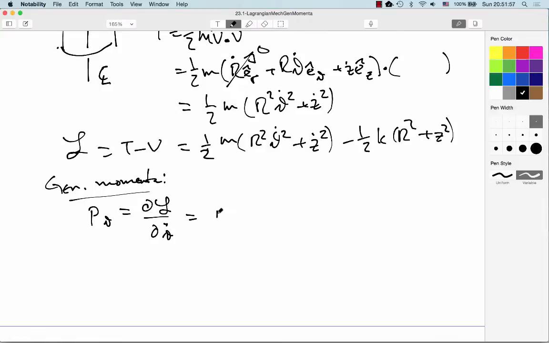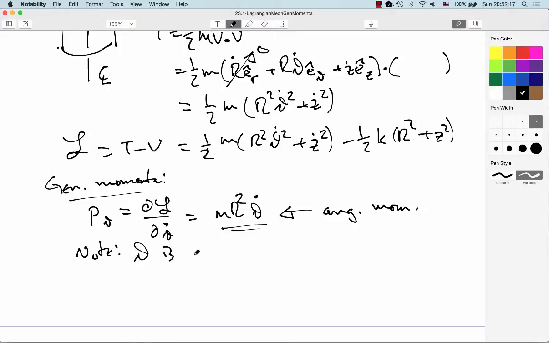We're going to have m r squared theta dot, and we interpret that as being the angular momentum of our point mass. Now, note here, theta is ignorable. So we can conclude that p theta, when we get done with all this, has to be a constant. It has to be conserved.